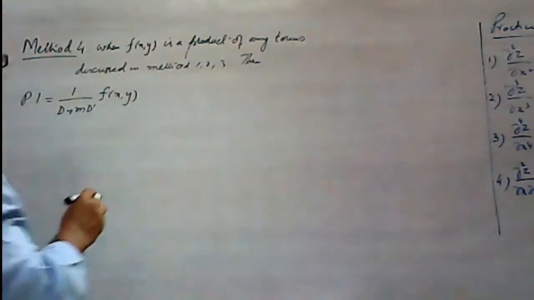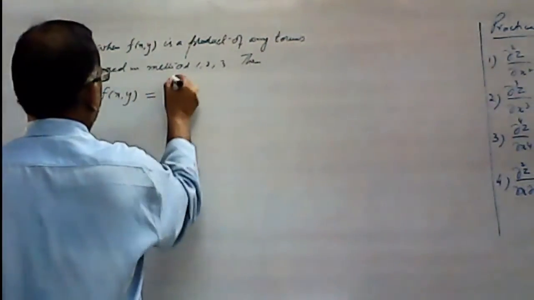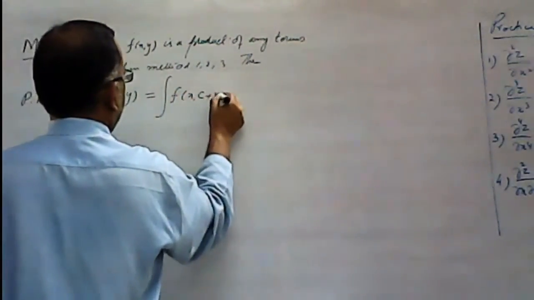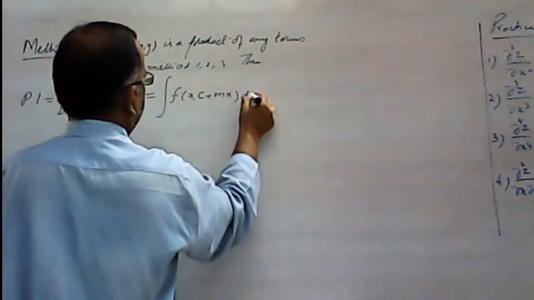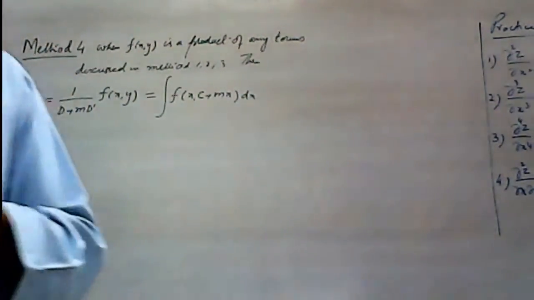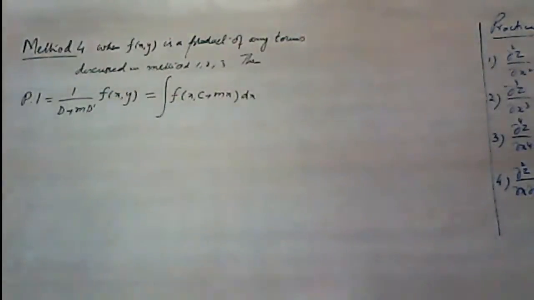I am writing the formula for this, which will be equal to integral function of x, c plus mx, dx. This will be the formula we will use in this method.